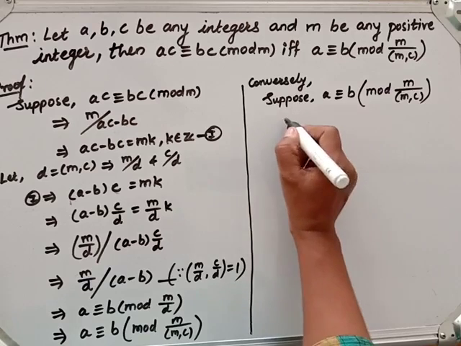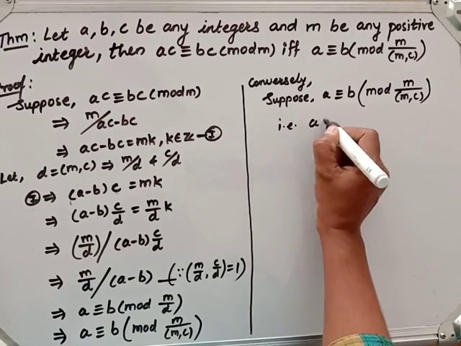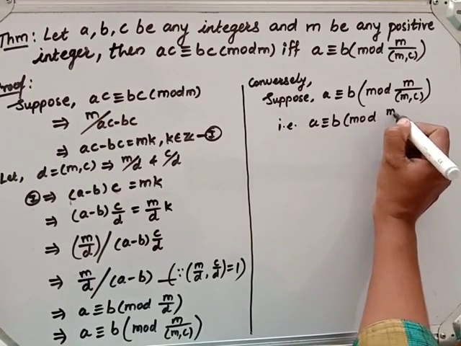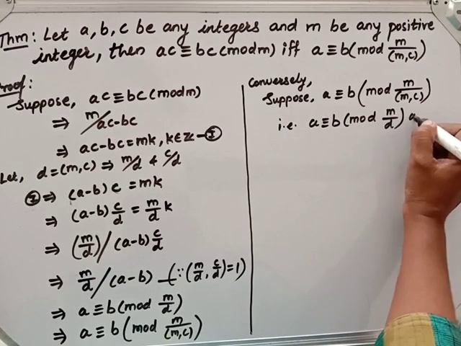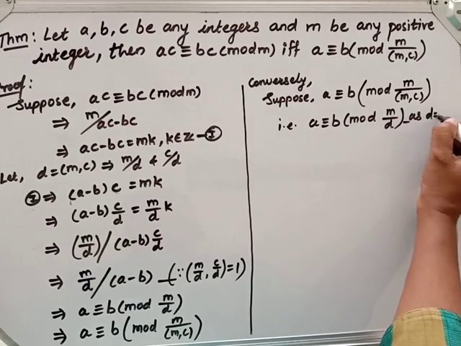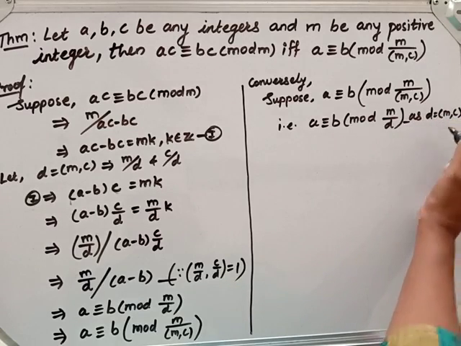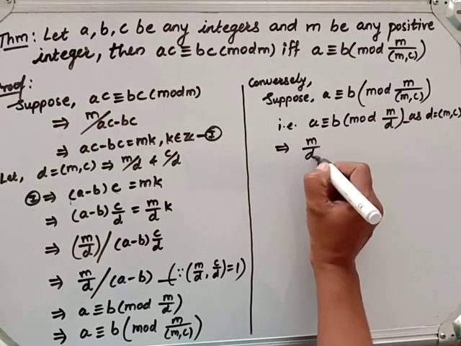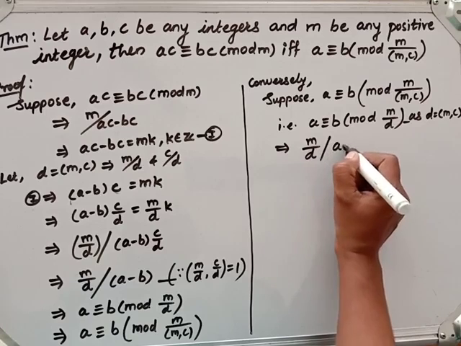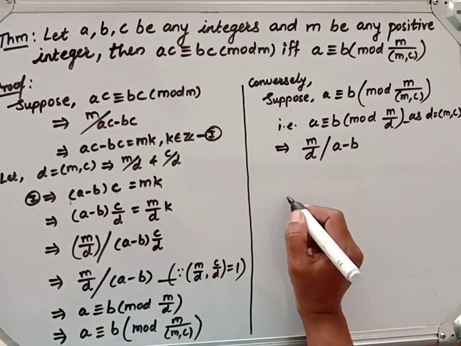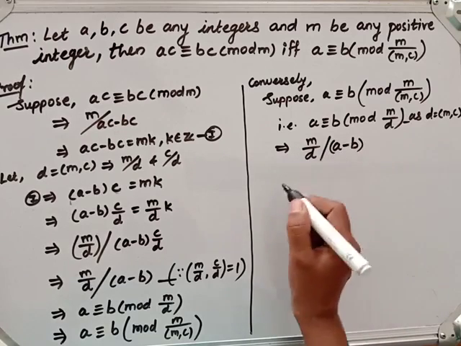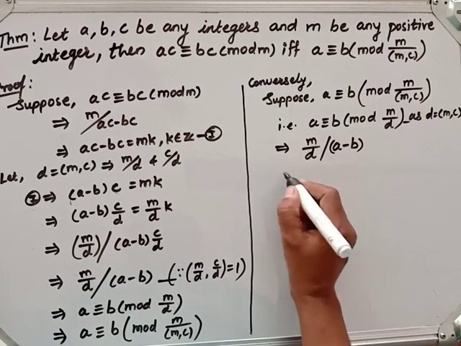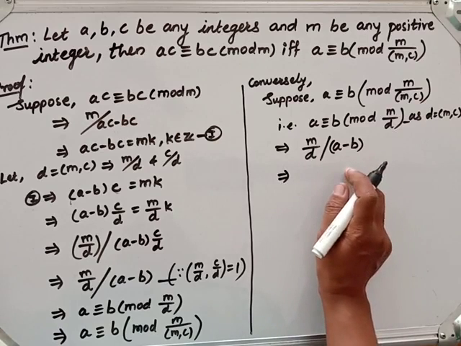That is, a is congruent to b modulo m upon d, as d is the GCD of m and c. So what does this give? m upon d divides a minus b. This is by definition of congruence, not by GCD.